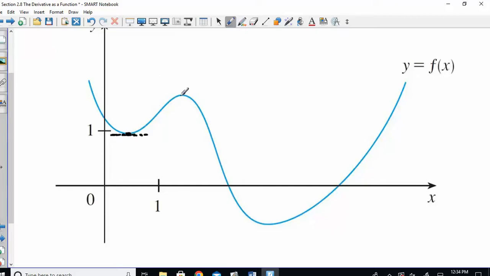And so anytime we have this high or low point, our tangent line is going to be just a flat line. So these tangent lines are horizontal. What is the slope of a horizontal line? 0. So if I'm graphing the derivative, which is the slope of the tangent line, at these 3 points the tangent line would be horizontal, so it would have a 0 slope, so the derivative is 0.